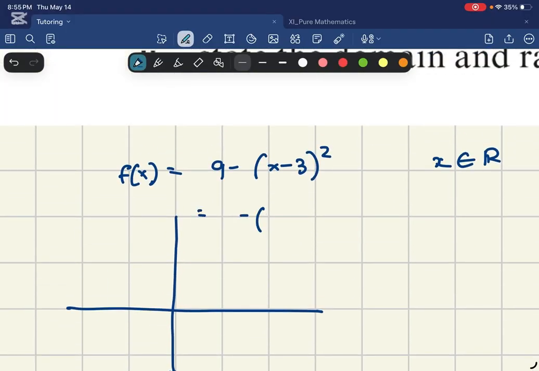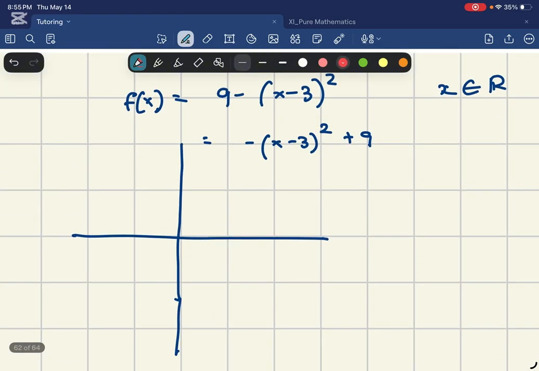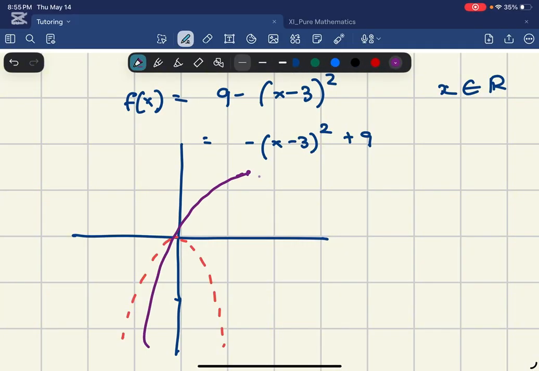So this is −(x − 3)² + 9, right? This minus sign tells us that it's concave down. So −x² looks something like this. Concave down. So we're shifting it right 3 units and up 9 units. So our final graph looks something like the one I've drawn in purple. If x is 0, then it passes through 0, 0, I believe. So something like this.